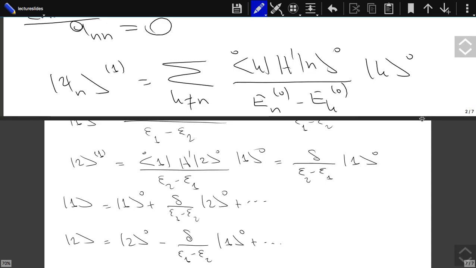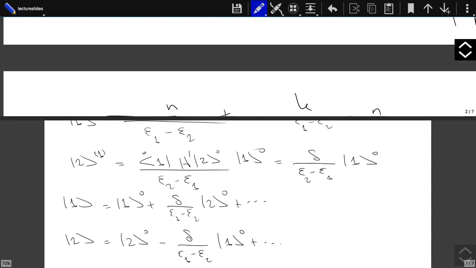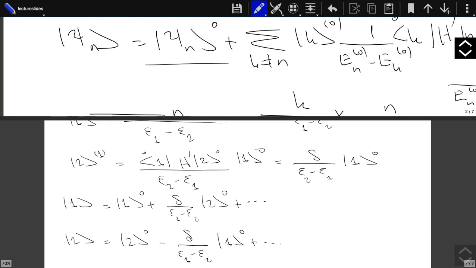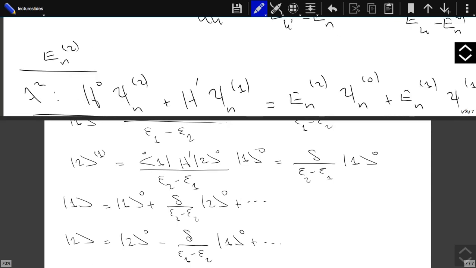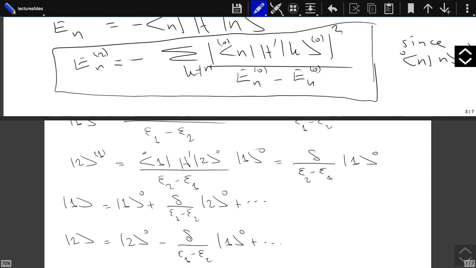Let's look at the second order correction to the energy. After this, we can actually solve this problem exactly and see if our perturbation expansion and the exact results match or not. So this was the correction to our energy.